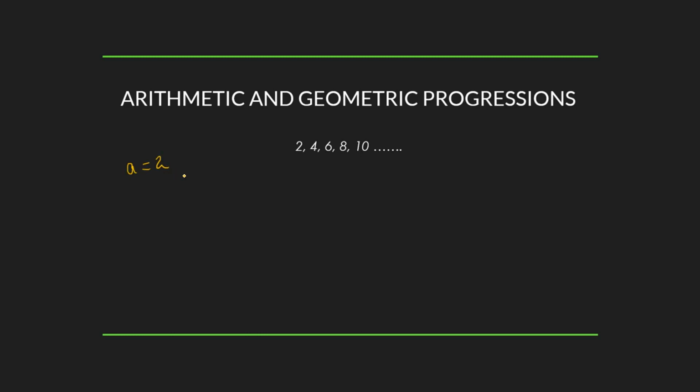The common difference, as we can see, is 2 between two consecutive terms. d is the common difference. So we can write the second term as a plus d. Similarly, the third term can be written as a plus 2d. And the nth term can be written as a plus (n minus 1) into d.